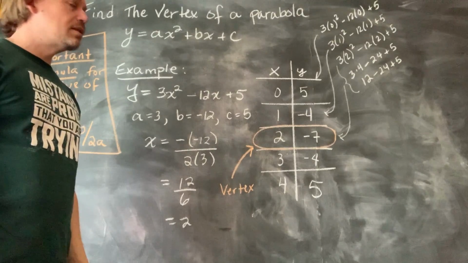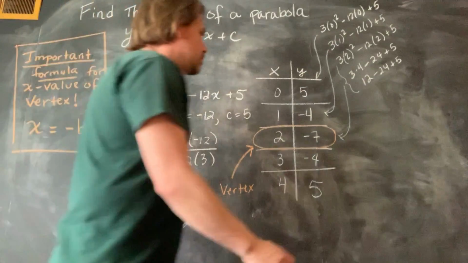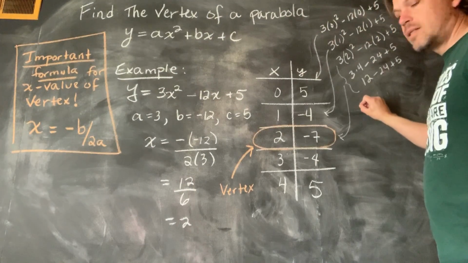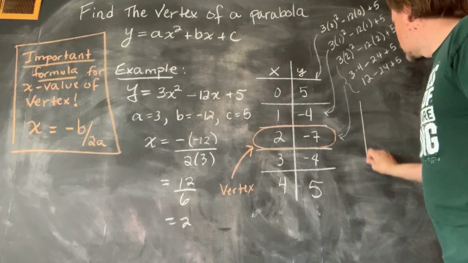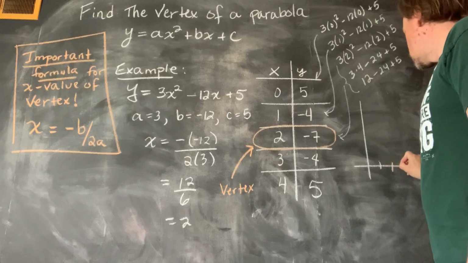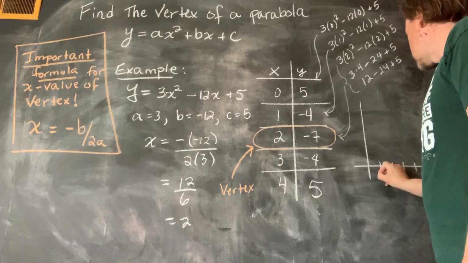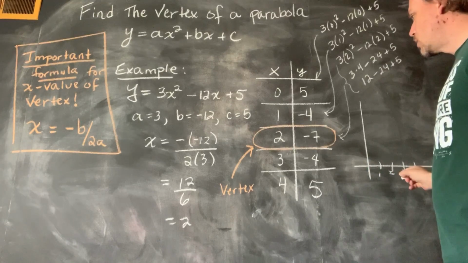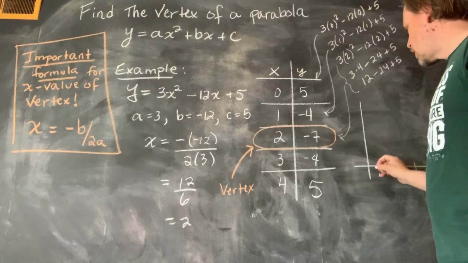Once I've got the table, I can graph. And I need to make my scale set up, so I'm just going to graph the positive values here. 0, 1, 2, 3, 4. So the positive x values, but there are some negative y values.